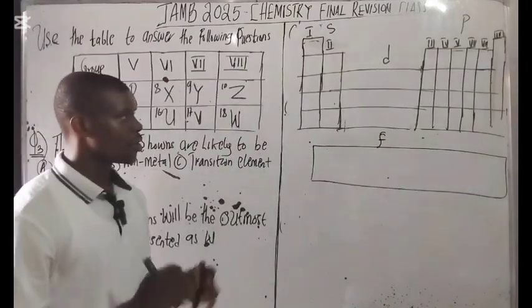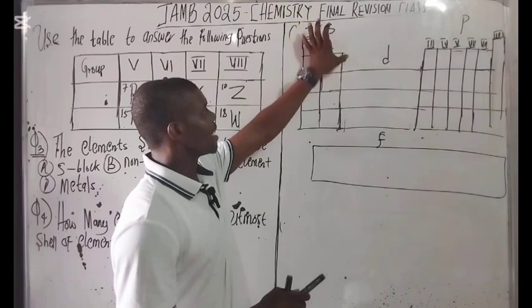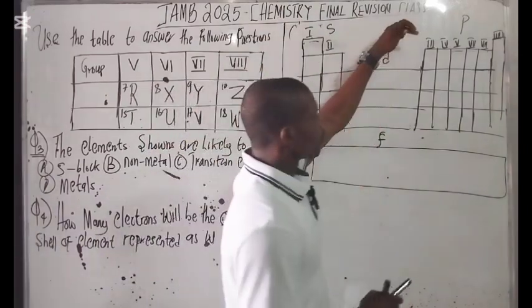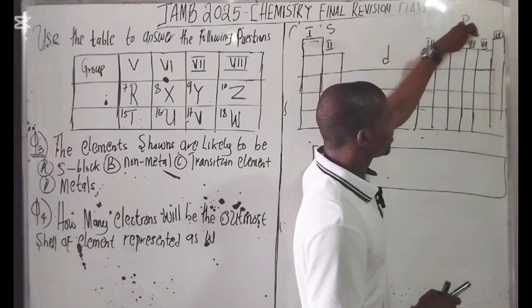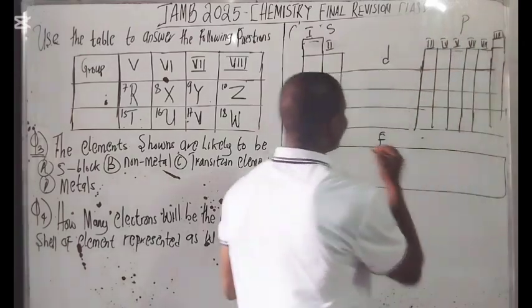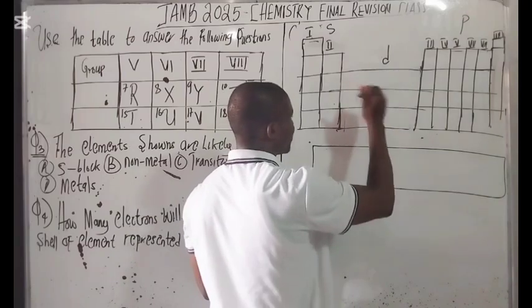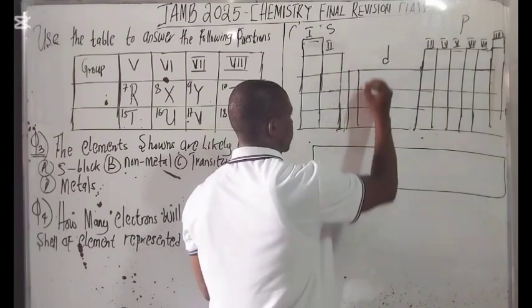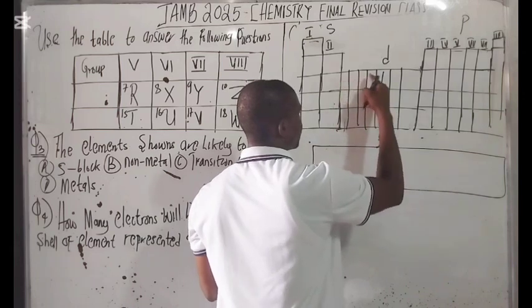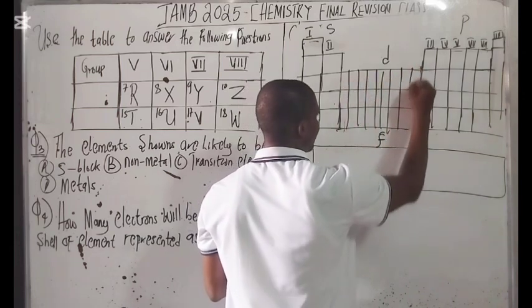Now the S block has group 1 and group 2. The P block has group 3, group 4, group 5, group 6, group 7, and group 8. The D block has 10 groups, 10 of them: 1, 2, 3, 4, 5, 6, 7, 8, 9, 10.